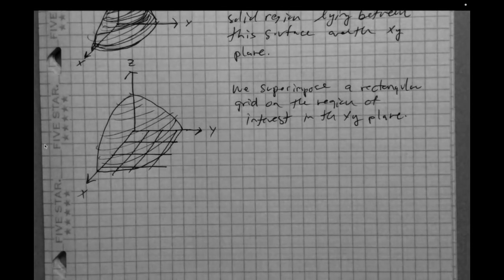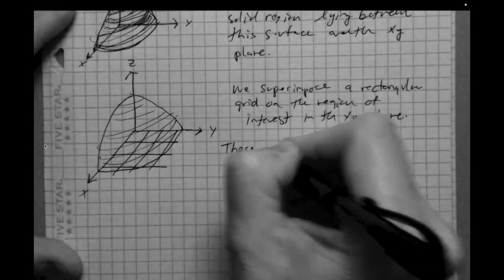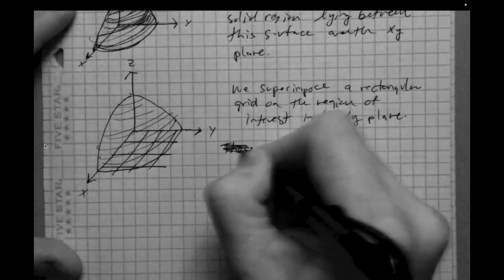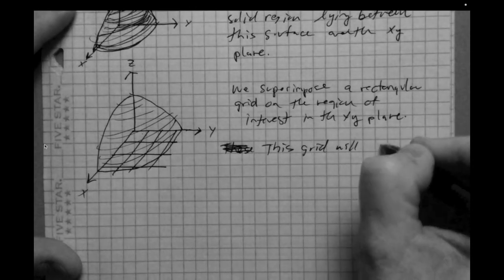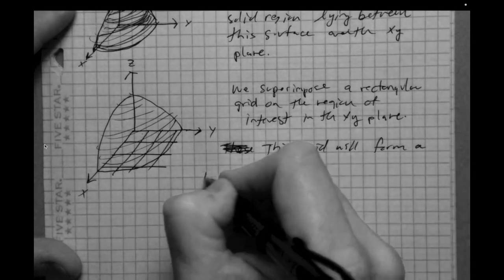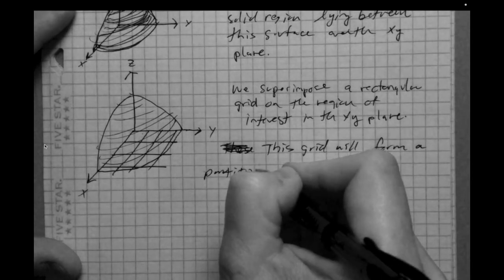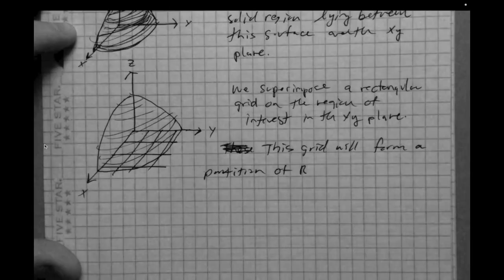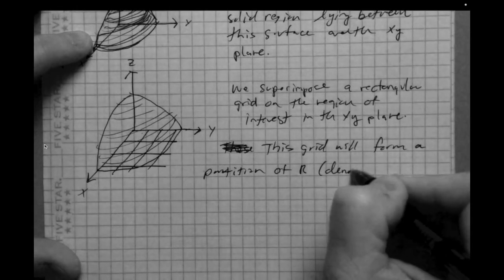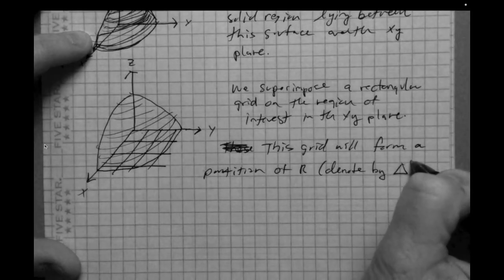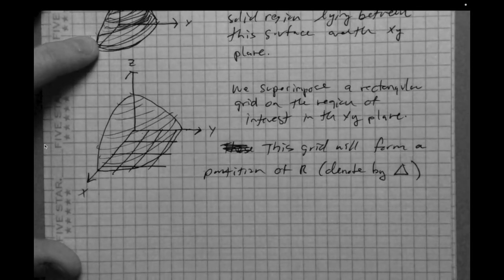And then the rectangles that lie within R are going to form a partition. This grid will form a partition of the region R, and we'll denote the partition in the usual way.